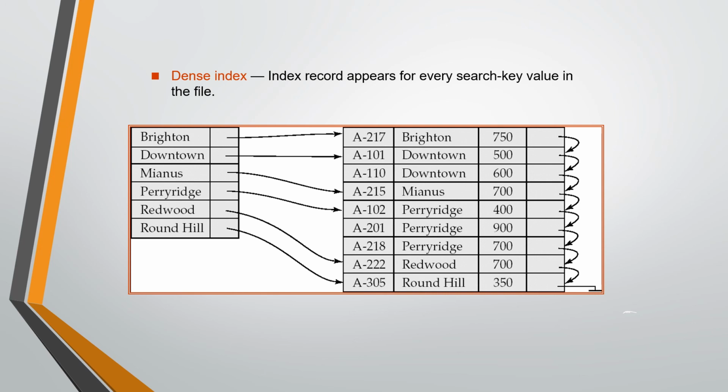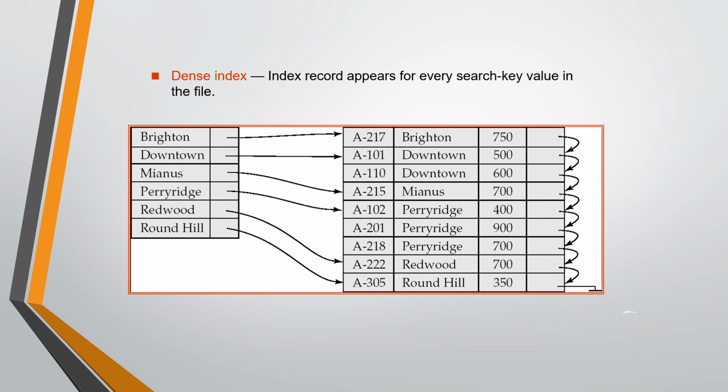So previously we have discussed that in an ordered index, there are primary or clustering indices as well as secondary or non-clustering indices. The ordered indices are indices in which entries are sorted on a search key value.